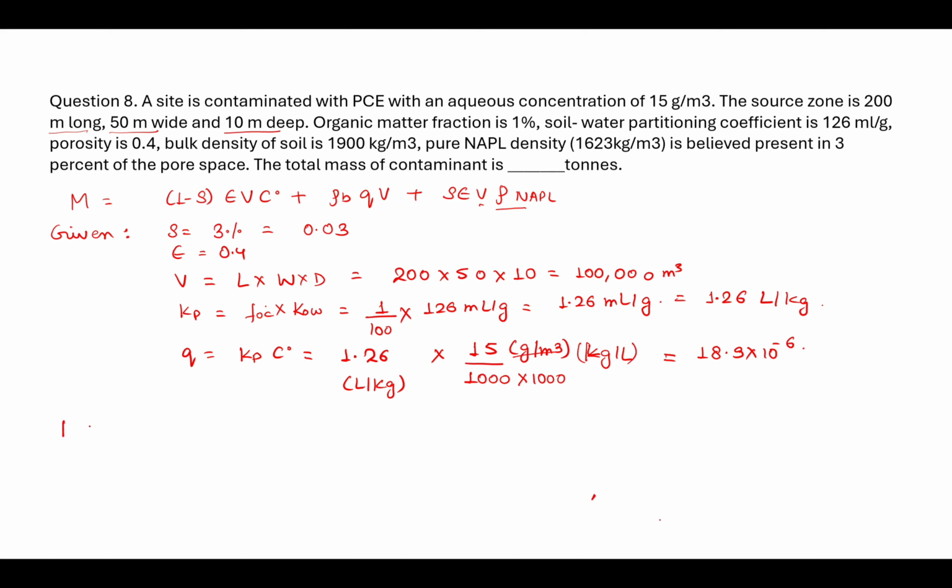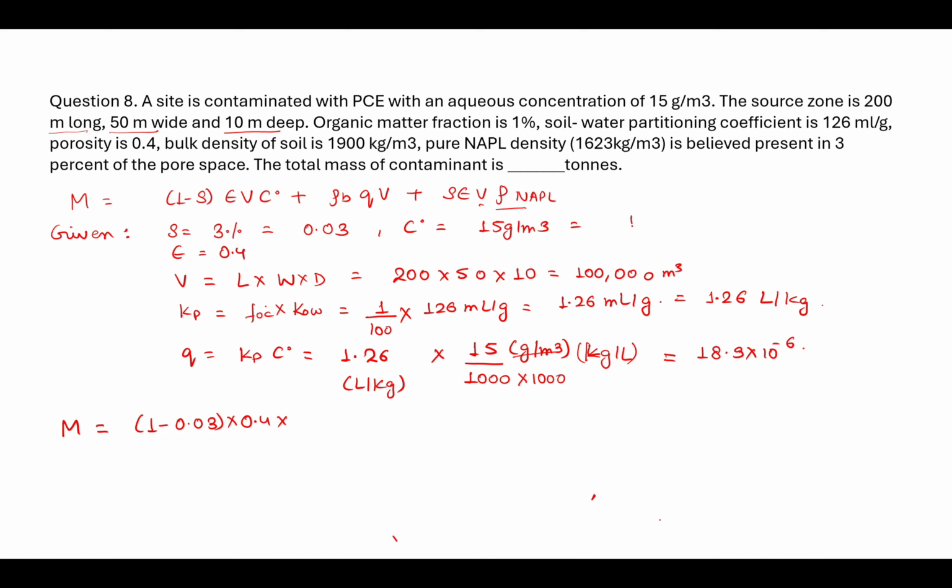So the total mass of the contaminant will be 1 minus S, where S is 0.03, into epsilon, which is 0.4. The contaminant concentration in aqueous phase is given as 15 gram per meter cube.